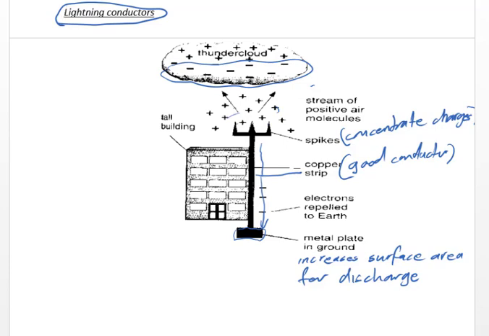These positively charged molecules are repelled up, and they reduce the negativity of the cloud in a way, because that stream of positive air molecules will now be attracted to the cloud. They are trying to neutralize the cloud, or to reduce the negativity of this cloud.